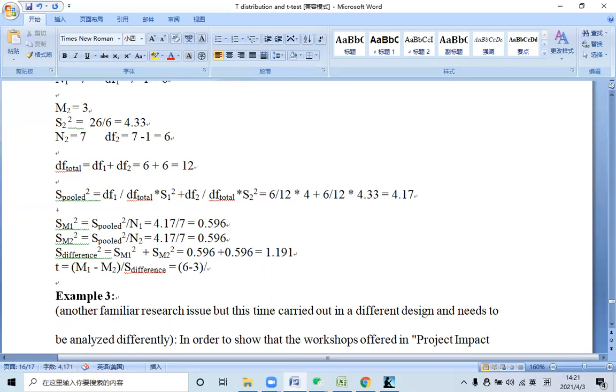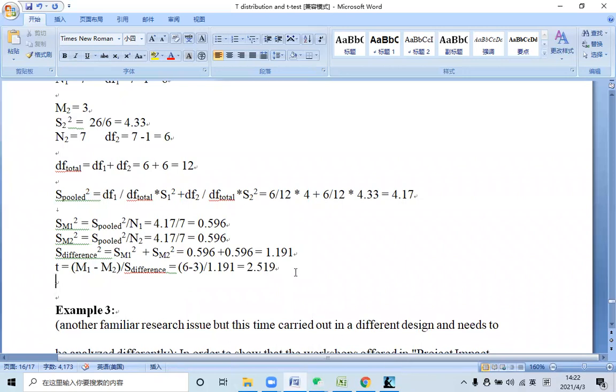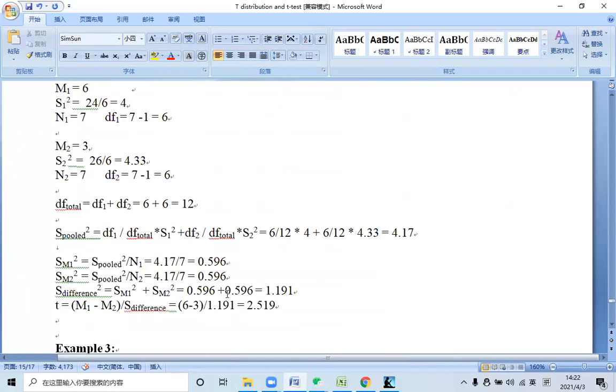So what is the standard deviation? 1.191. 3 divided by 1.191 is 2.519. That is the t-value we get.